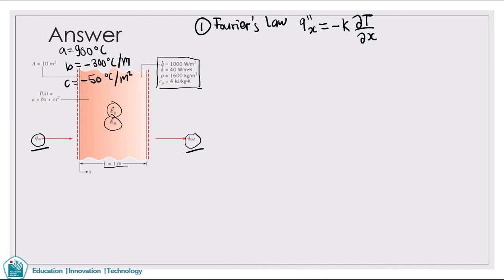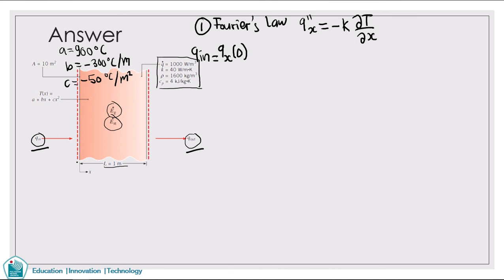We can change this equation into Qx, the heat transfer rate, by multiplying it with the surface area. So the Qx, when the position equals 0, is the Q in. So the Q in equals Qx, or heat rate, when its position equals 0.